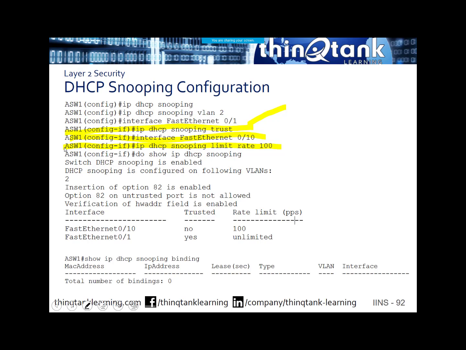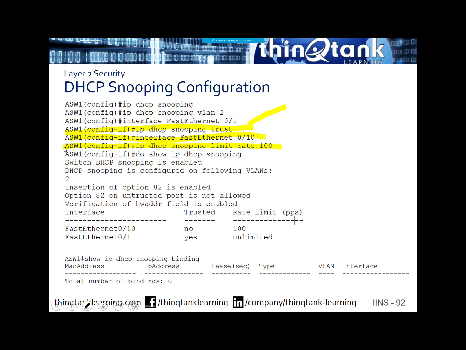You're talking about 100 DHCP packets per second. That'd be pretty significant in my opinion. I don't think a client should ever have to generate that many packets per second to process DHCP. So you might decide to drop that number down a little bit depending on your environment.